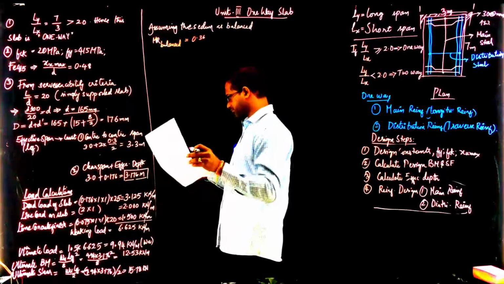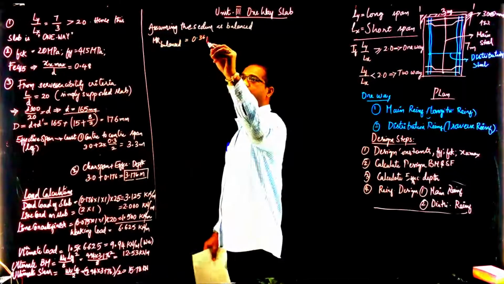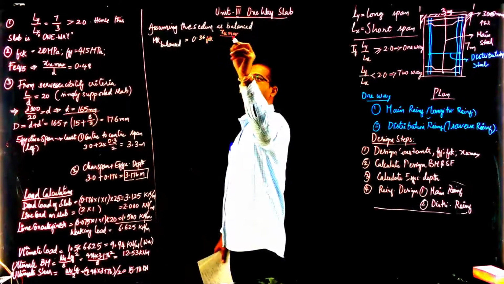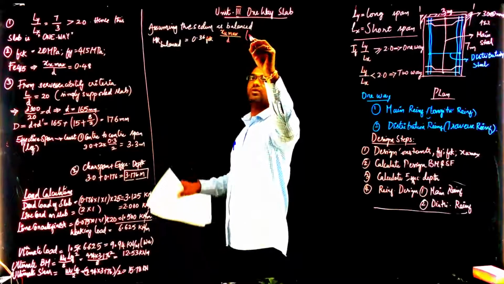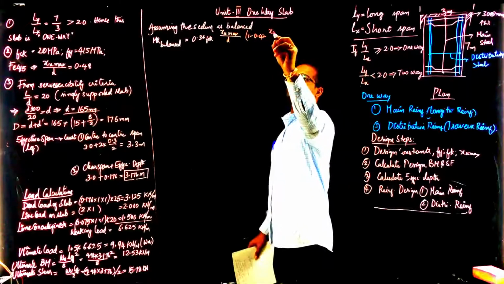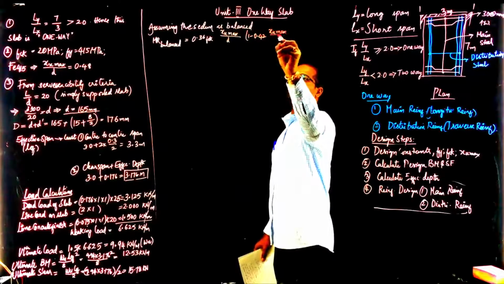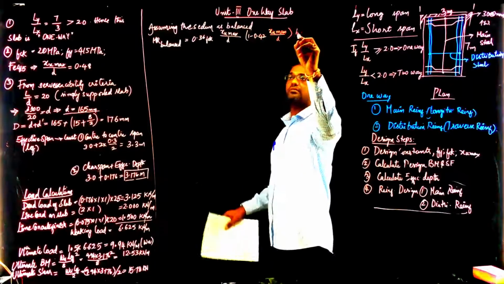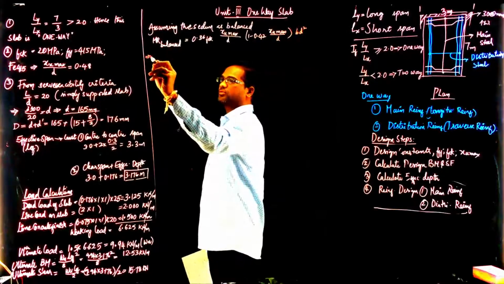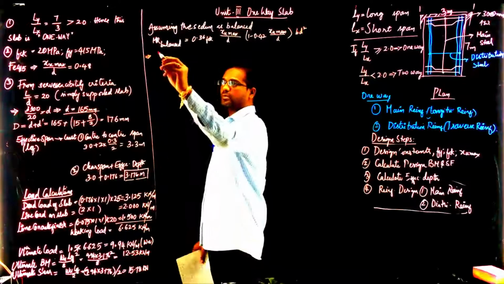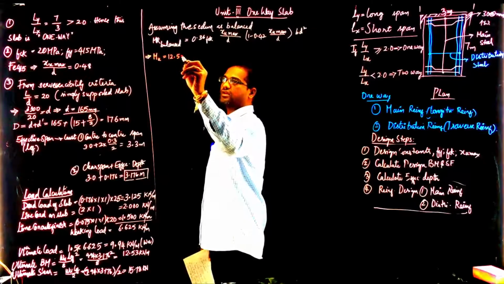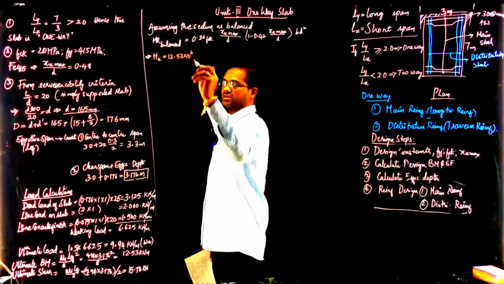The balanced moment is 0.36 fck Xmax by d into 1 minus 0.42 Xmax by d, multiplied by b d square. Now we will equate this balanced moment to the ultimate moment Mu, that is 12.53 into 10 power 6. Why 10 power 6?